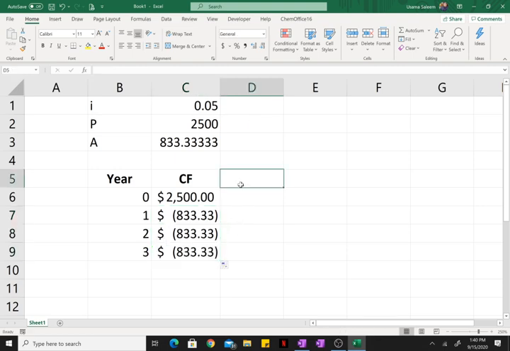In the next column I'm going to have discounted cash flows, DCF. Actually, just to be more explicit, I'm going to have the discount factor in between.